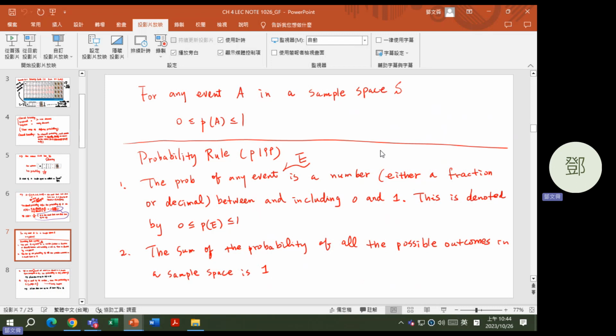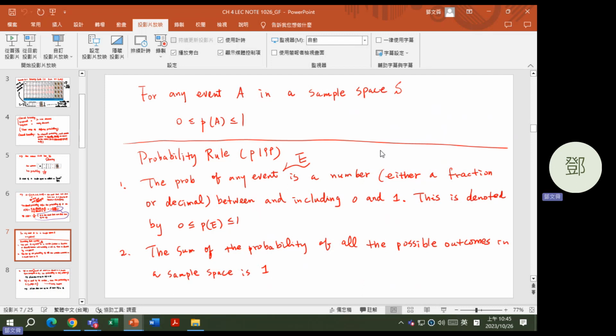This is denoted by 0 less than or equal to P(E), and P(E) less than or equal to 1. That's rule number 1. And rule number 2: the sum of the probabilities of all possible outcomes in a sample space is 1. They have to sum up to 1.